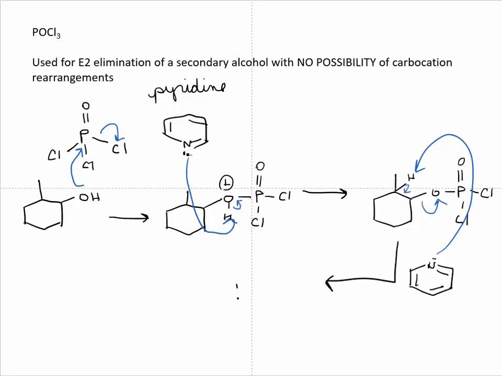So the product of the reaction looks like this. So it forms our most stable alkene without the possibility of any kind of carbocation rearrangement. It converts the alcohol into a good leaving group without the possibility of carbocation formation.